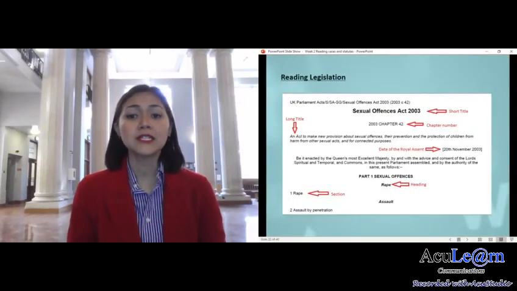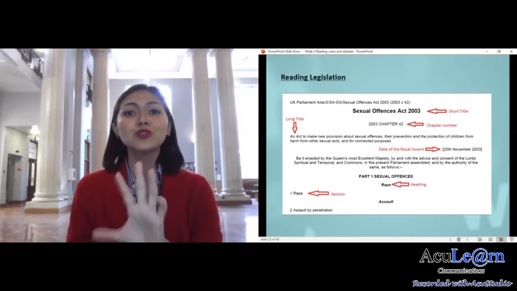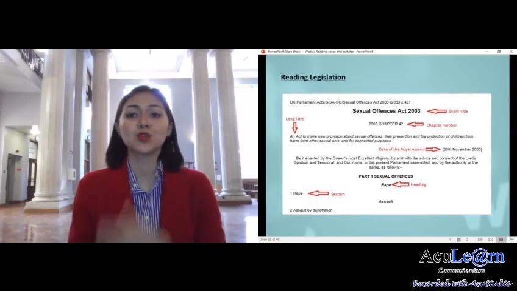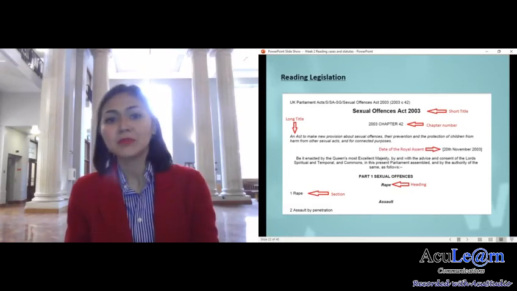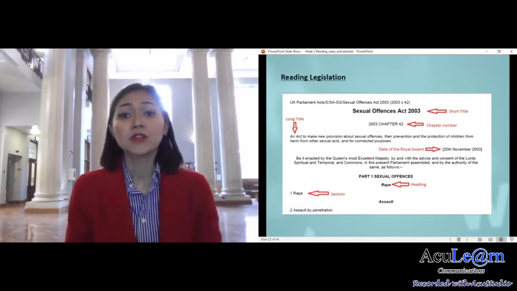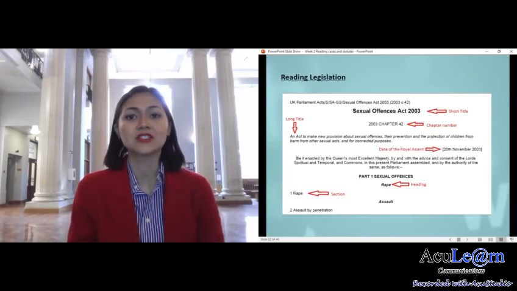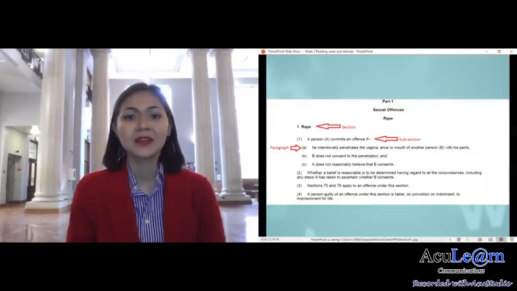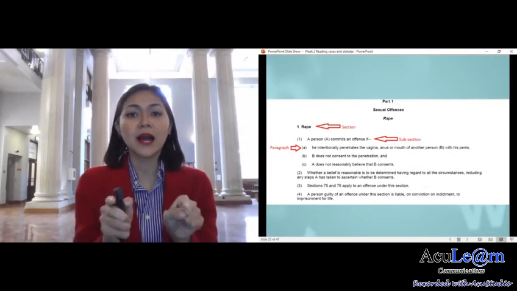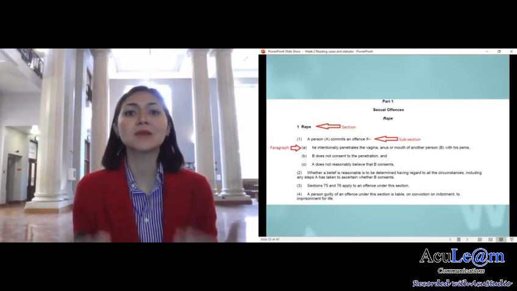So this is a detailed example of how you read legislation itself. You have the short title, chapter number, long title, date of the royal assent, and then the section as well as the heading for each section. All right, so you have section 1, and if you can see bracket 1, how do you pronounce it? It's called subsection 1.